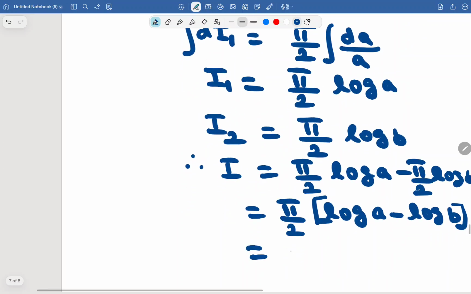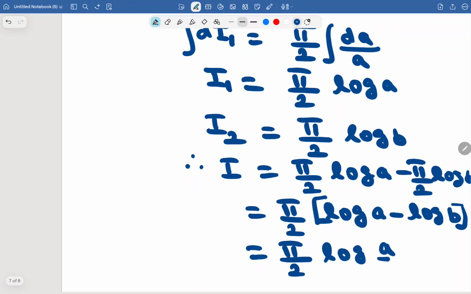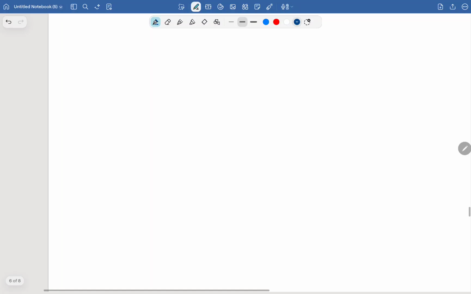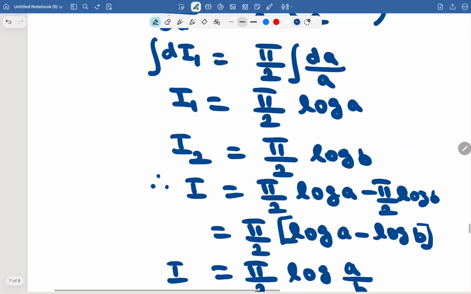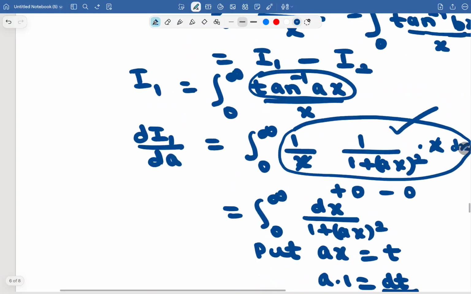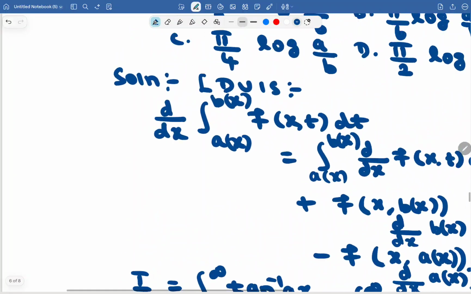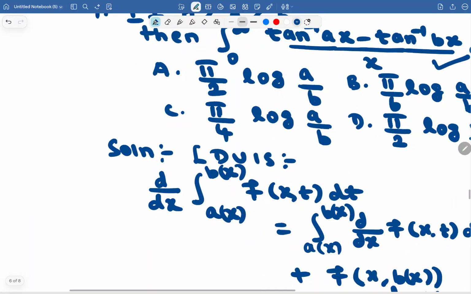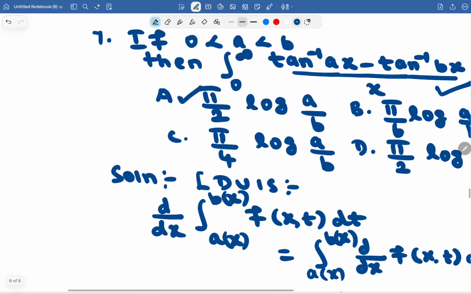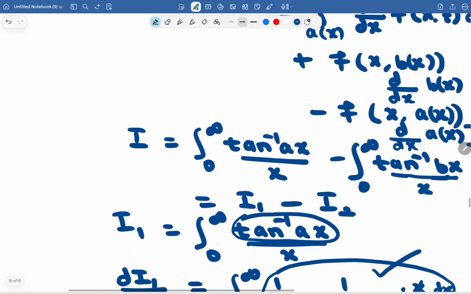Log m minus log n is log m by n, so pi by 2 log a by b. This is the answer for I. For this problem, pi by 2 log a by b, option A is the correct option for the 7th sum.